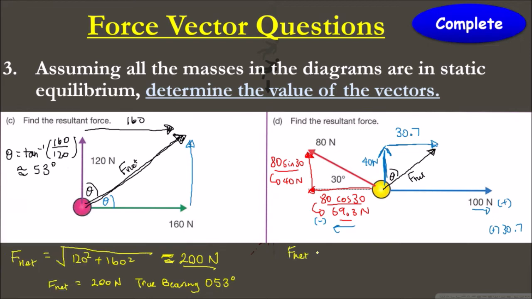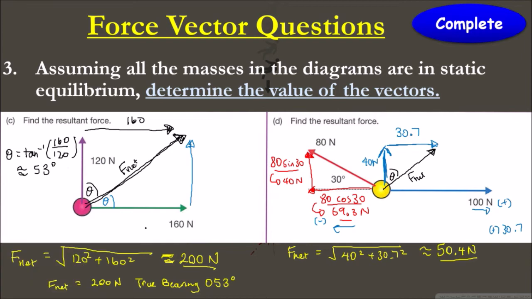The net force is the square root of 40 squared plus 30.7 squared, and we get approximately 50.4 newtons, and that is our net force.